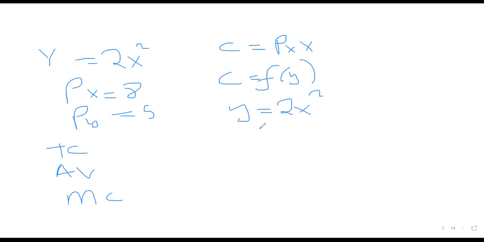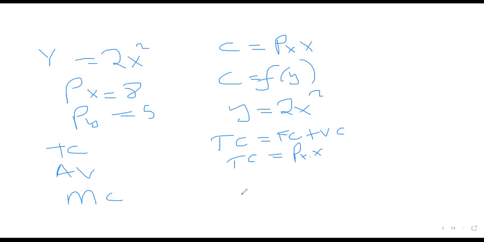So we know that total cost is given by fixed cost plus variable cost. The price of x times x will give us a cost function. So total cost is price of x times x.